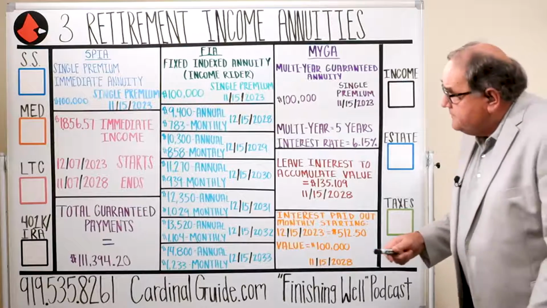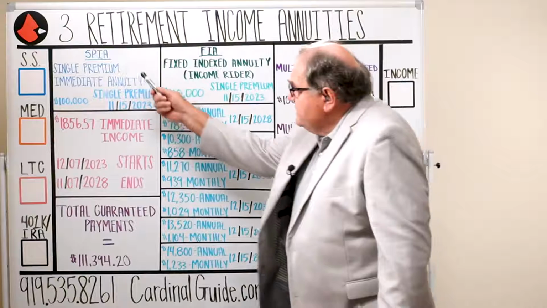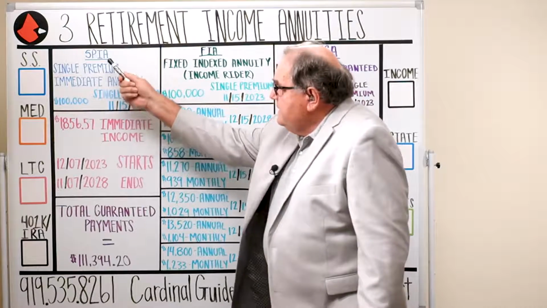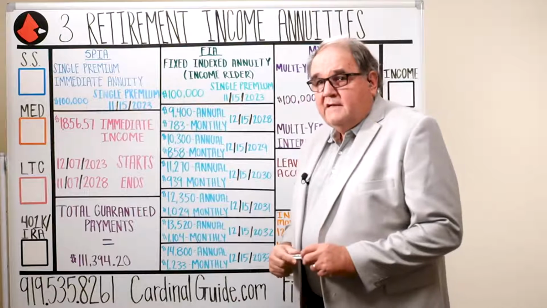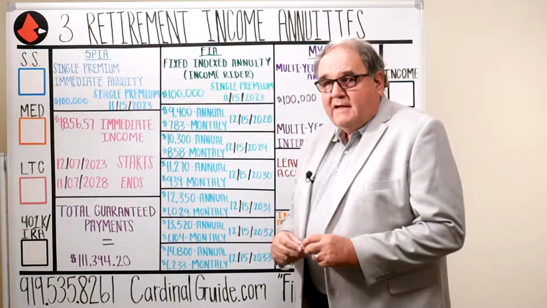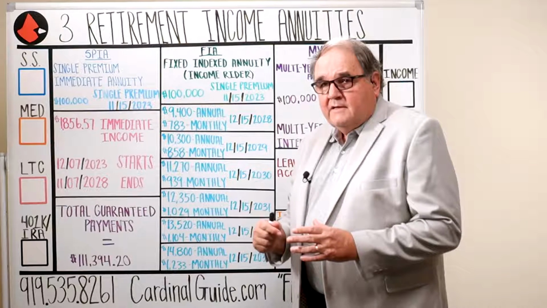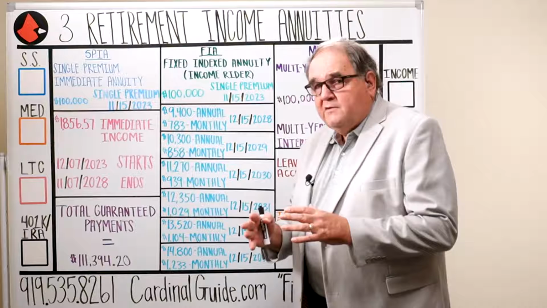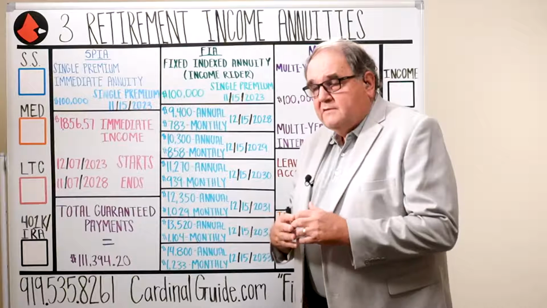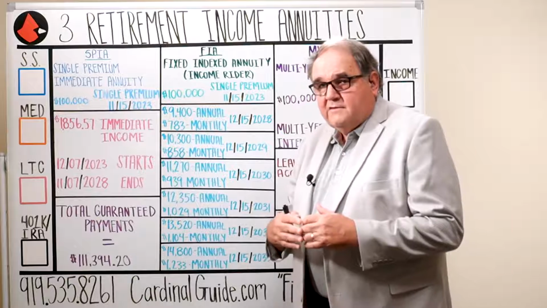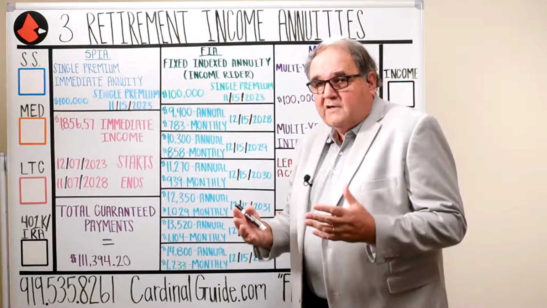Okay, so the first one we're going to talk about today is the single premium immediate annuity, and the acronym is SPIA, S-P-I-A. We use these a lot, and a single premium immediate annuity many times includes a payment for life, because there's uncertainty; you don't know how long you're going to live.